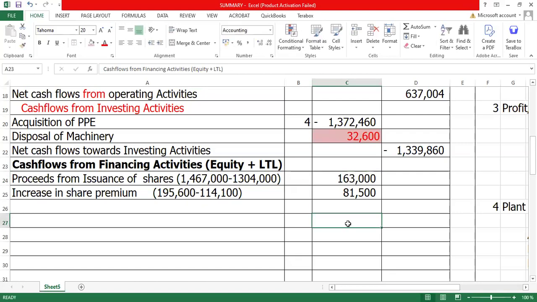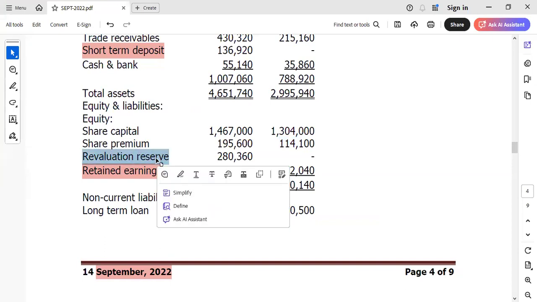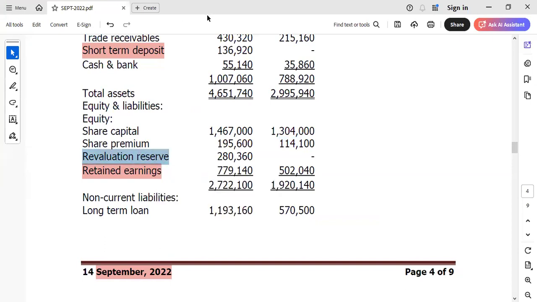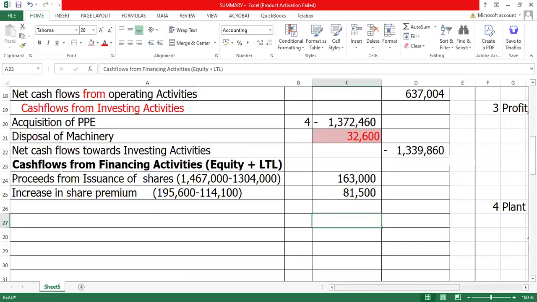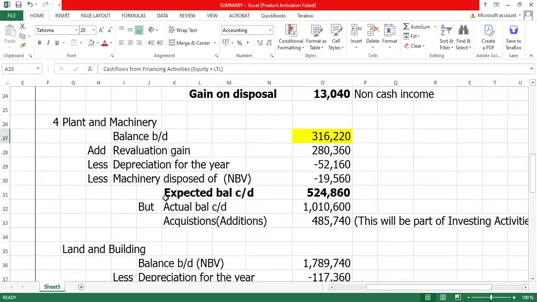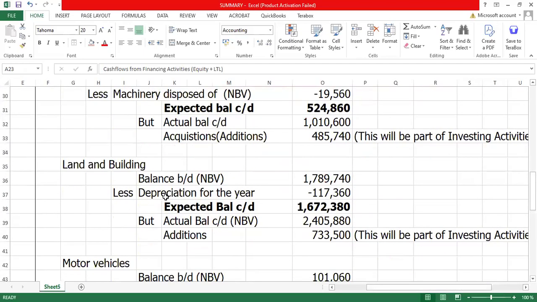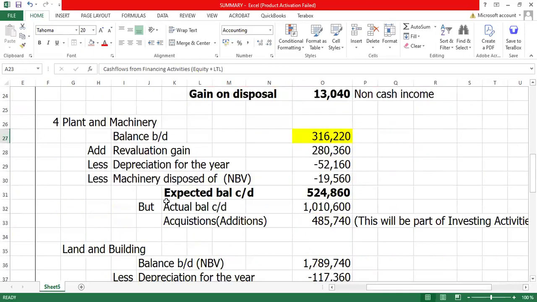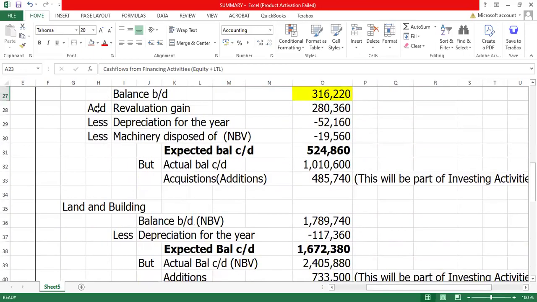Then next, do we look at equity again? The revaluation, don't put it here because that revaluation was already part of our investing activities. Revaluation affects your PPE, and we have already considered that revaluation when we were handling this.